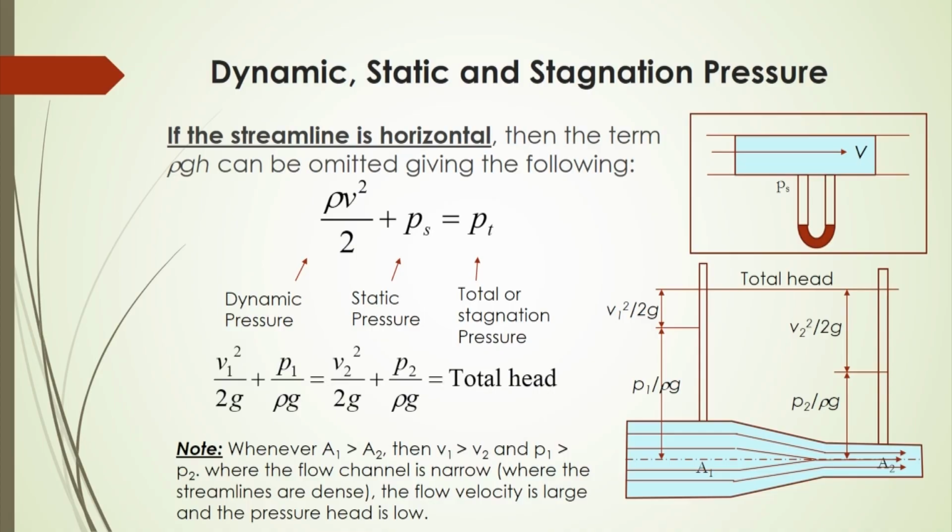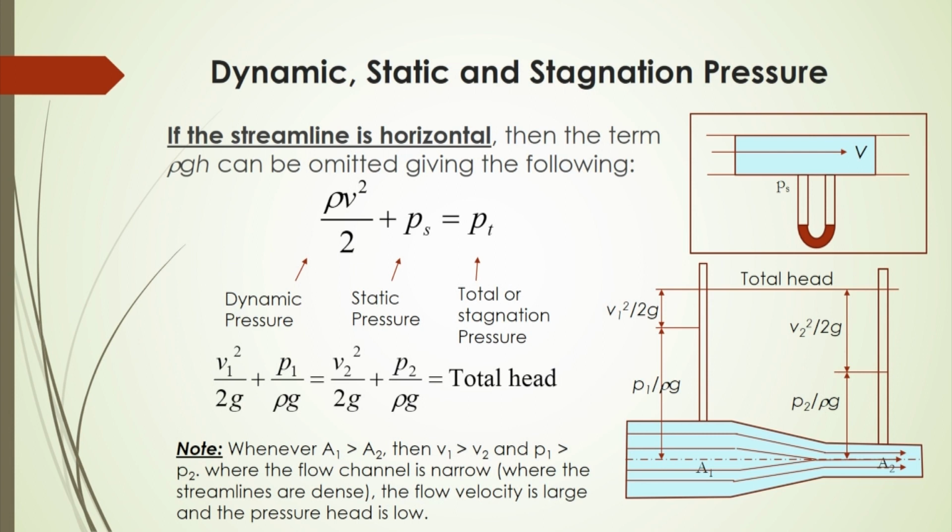Now, based on this Bernoulli's equation, we can have the dynamic pressure, static pressure and stagnation pressure. If the streamline is horizontal, suppose the flow is horizontal, then you can say the term rho g h will be neglected, because at both sections the height will be the same.